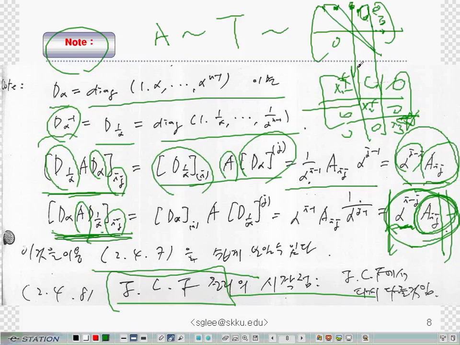So all we have to worry about is only this block. On this block, we use this similarity to make all the others zeros as much as we can. So all these are treated in chapter 3 or 4.